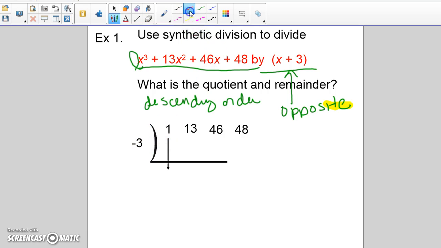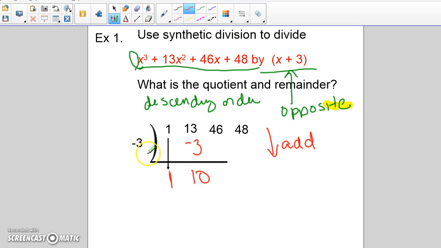Now my first step is I always draw an arrow straight down. This number 1 I copy, and I write right down there. Now I do some multiplication. What is negative 3 times 1? It's minus 3. As I go down, I add these numbers. 13 minus 3 gives me a 10.